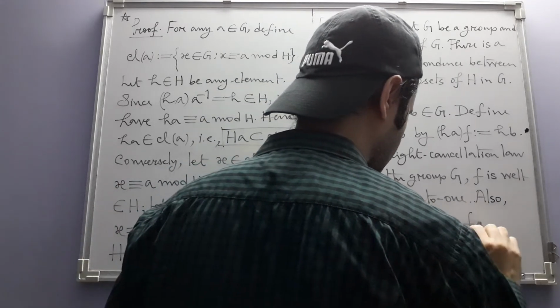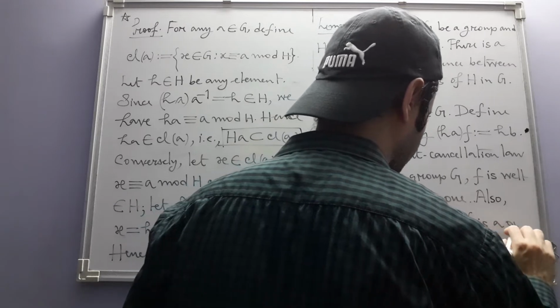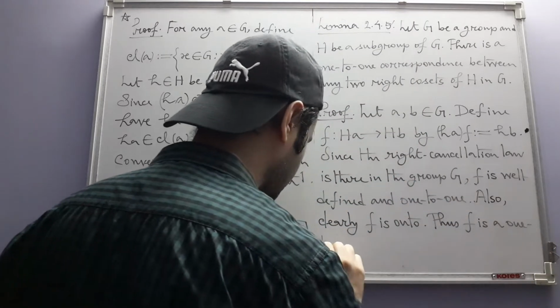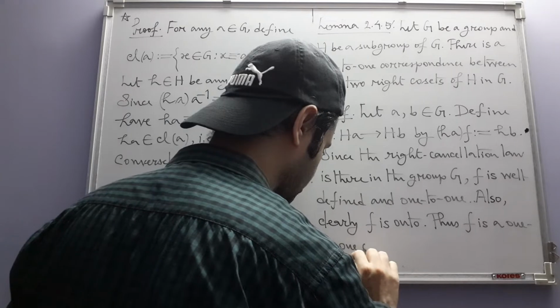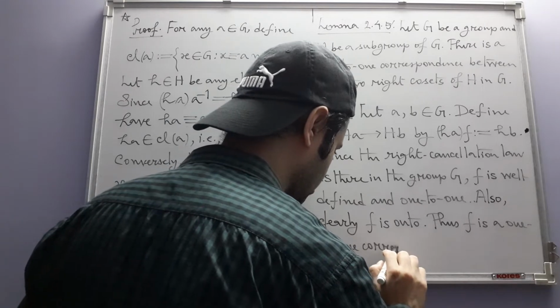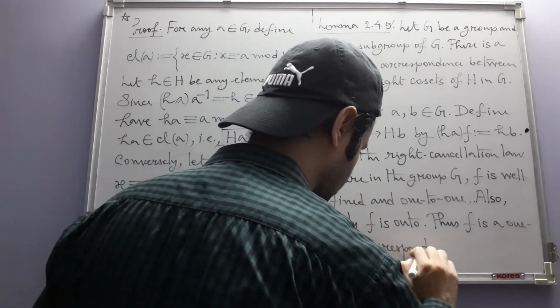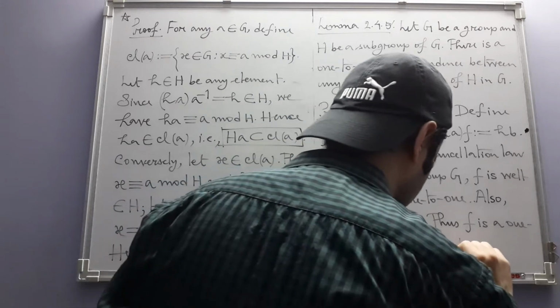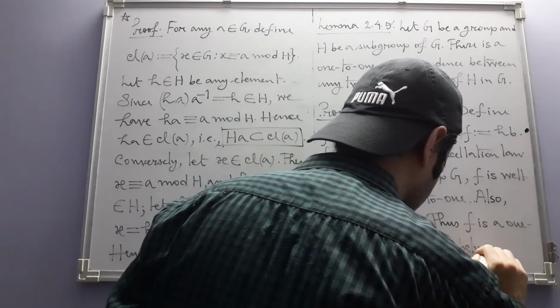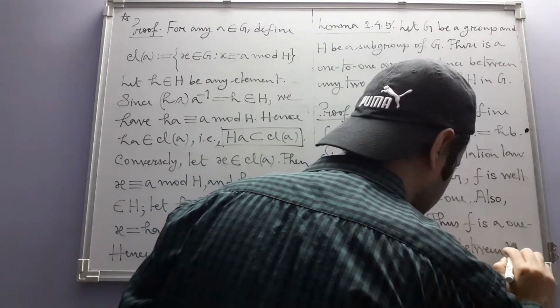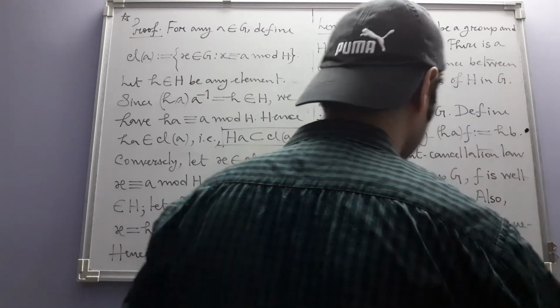Thus, F is a one-to-one correspondence between HA and HB.